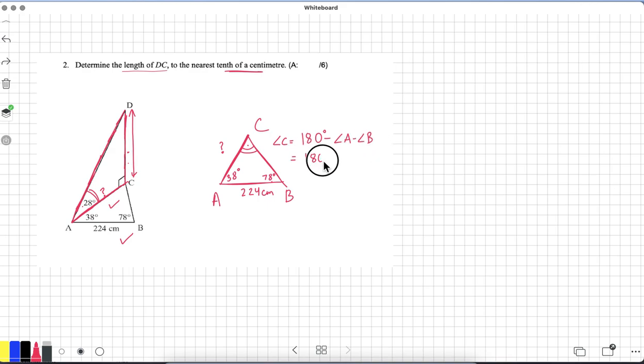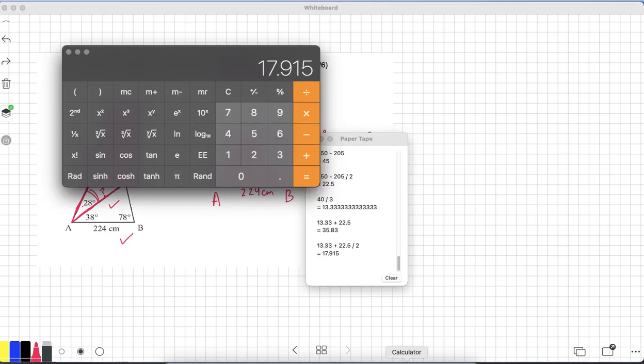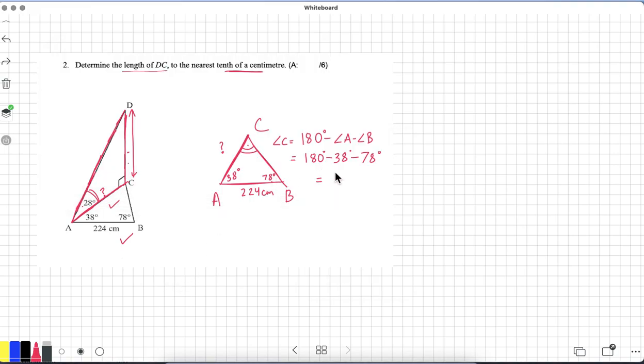So 180 degrees, subtracting the angle A, which is 38 degrees, then minus the angle B, which is 78 degrees. Let's subtract it. From the 180, I'm going to subtract the 38 and 78. It gives me 64 degrees. That means this missing angle will be 64 degrees.